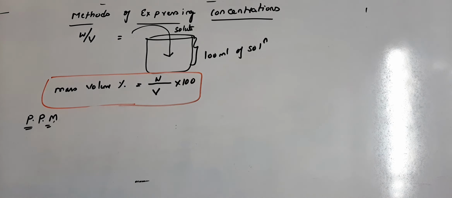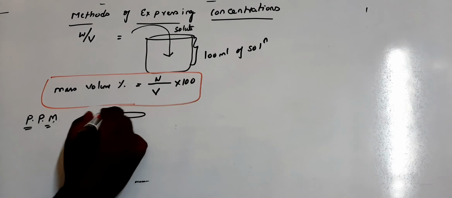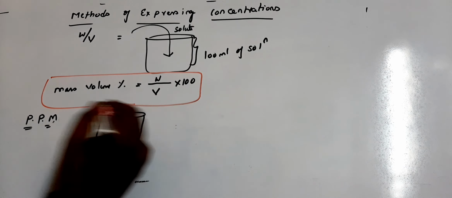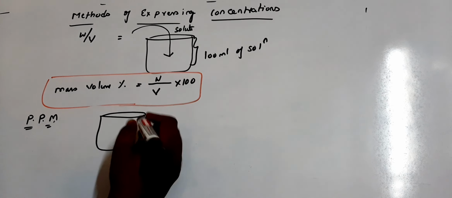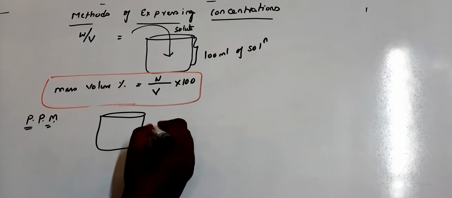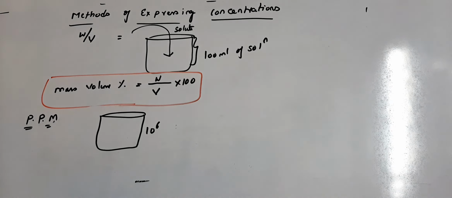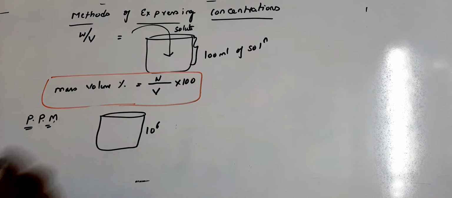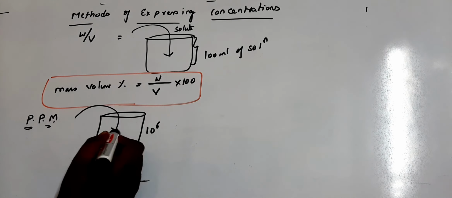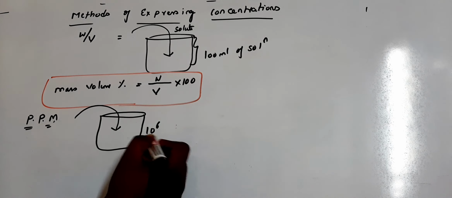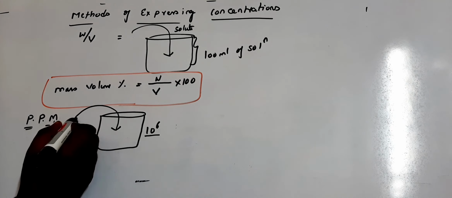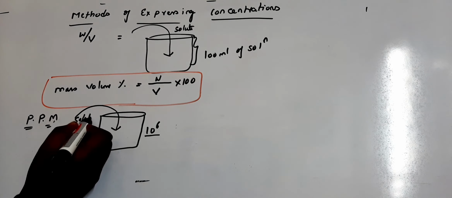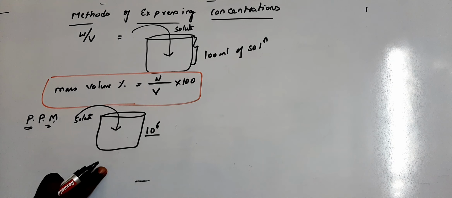Here the solution quantity is 10 to the power of 6, that is, a million. If I add a solute, how much amount is dissolved in it? That we call parts per million.